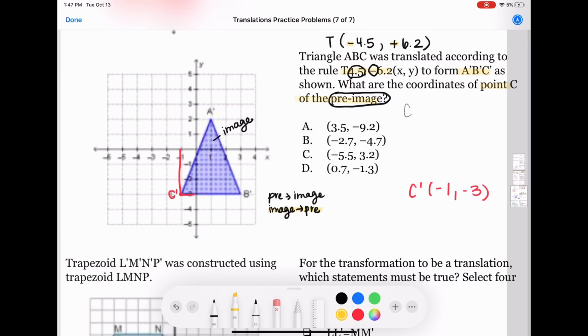Right? So what we would do is we would take the coordinates of C prime and we would follow this function rule.